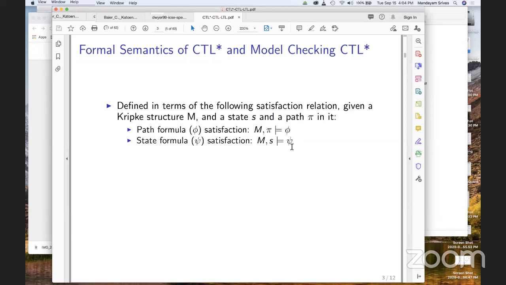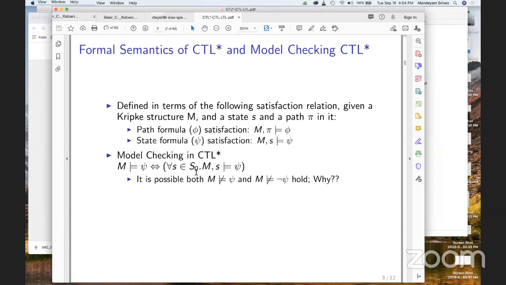Model checking in any temporal logic means that for every initial state of the model, psi should hold.